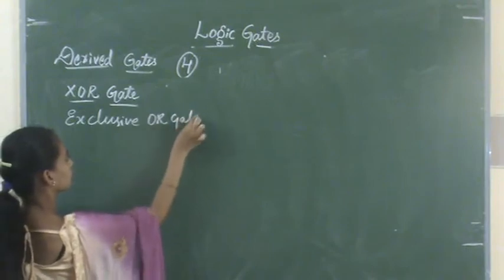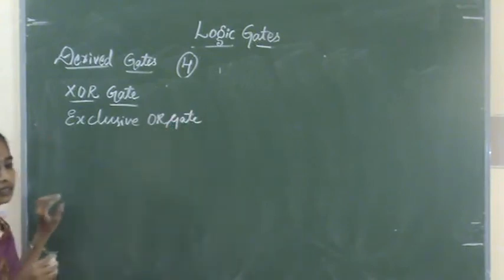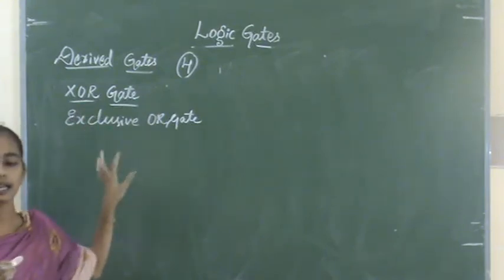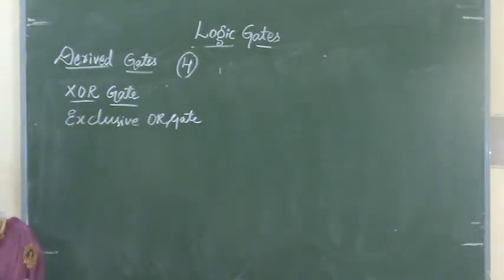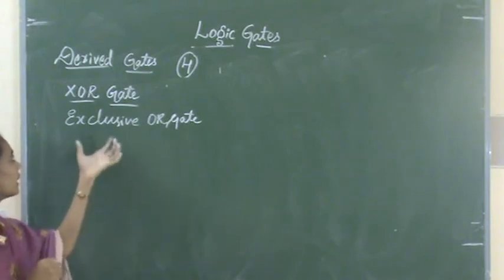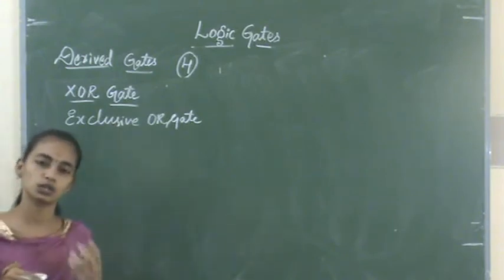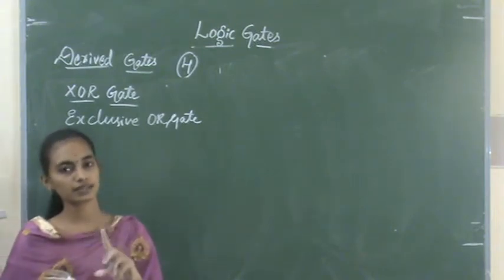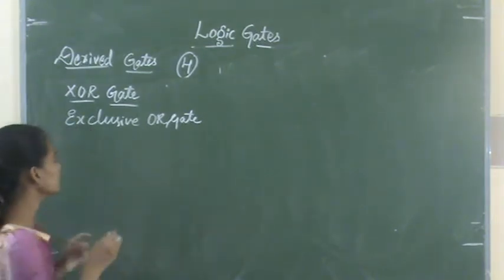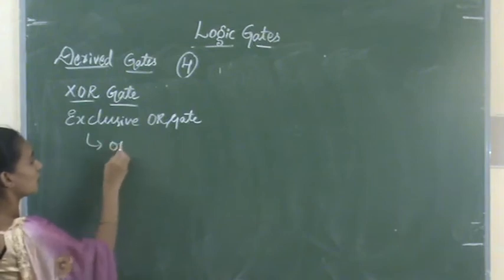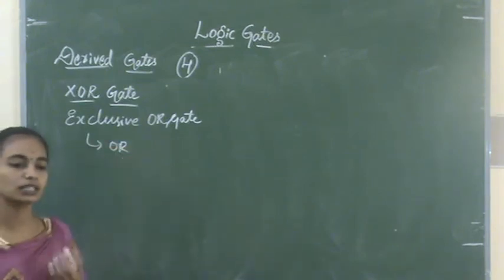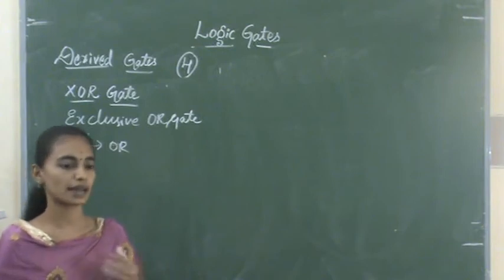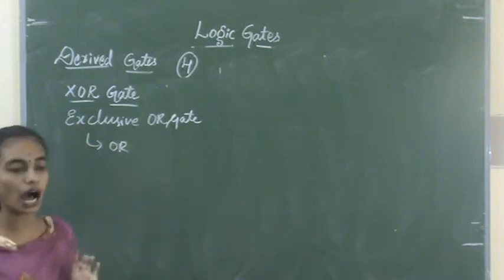The XOR gate, the exclusive OR gate, will accept two or more inputs and produces only a single output. It is a different form of OR, not a complement, and it will not work as an OR. It is a different form of the OR gate.